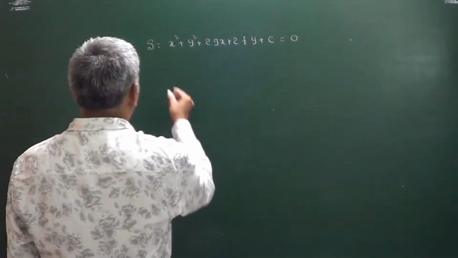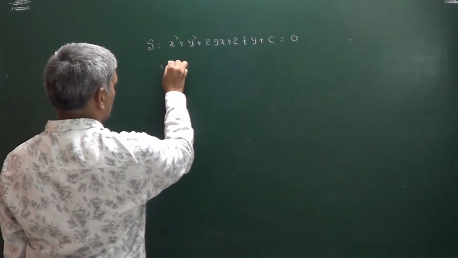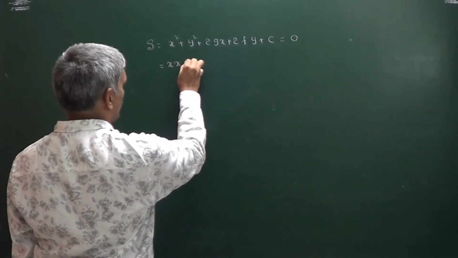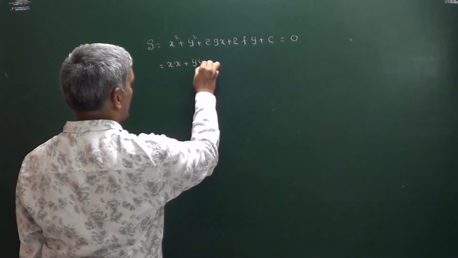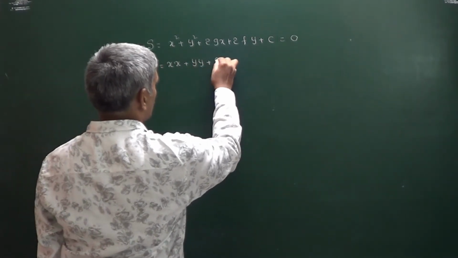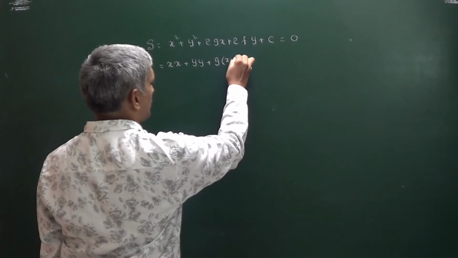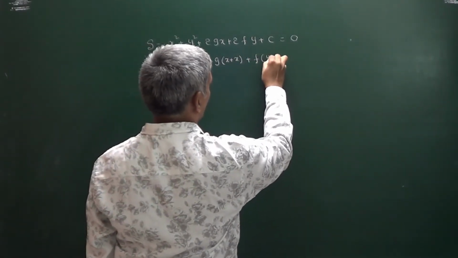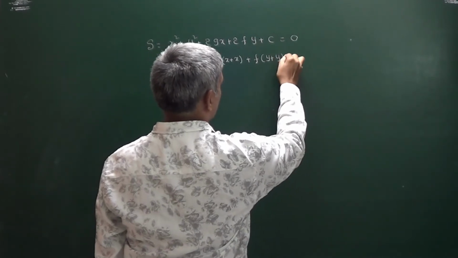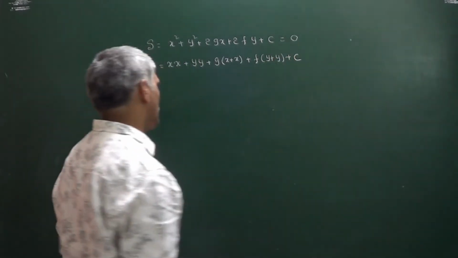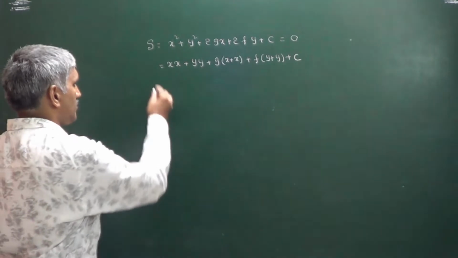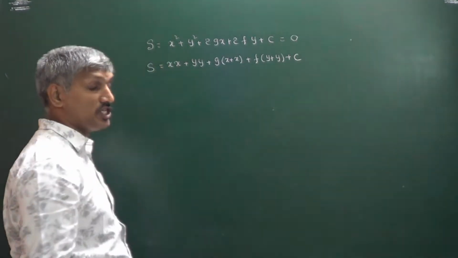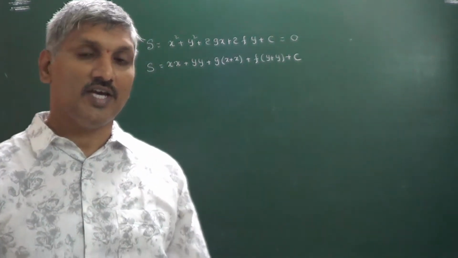So now I can write this as: x square can be written as x into x, y square can be written as y into y, 2gx can be written as g into x plus x, 2fy can be written as f into y plus y, and c. Right? The same S written in this way.